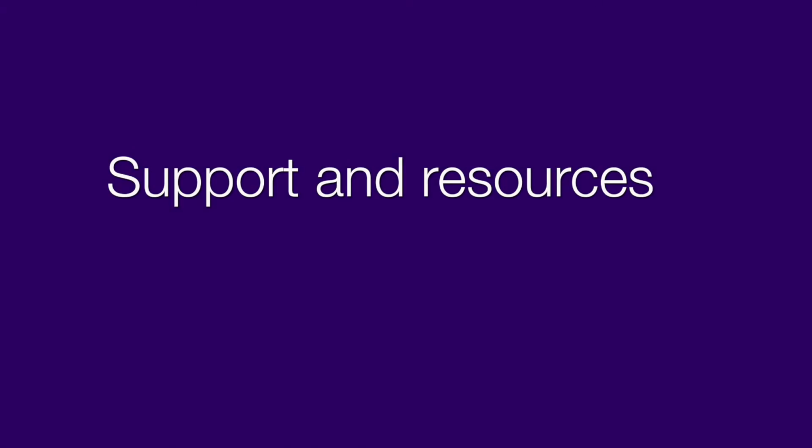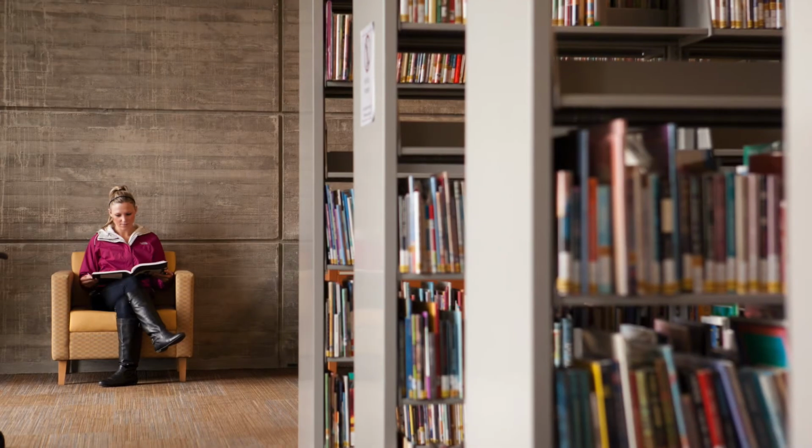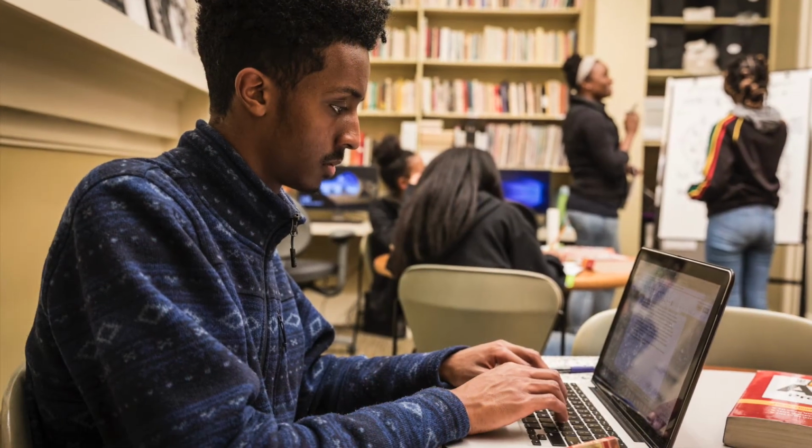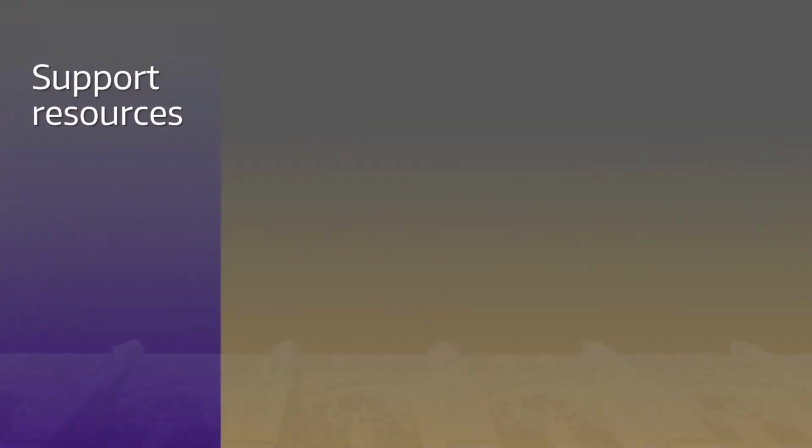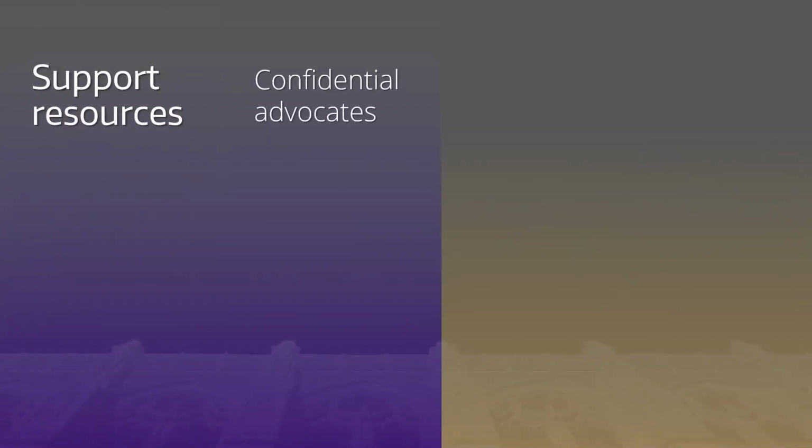There are many resources available to support students and employees who have experienced discrimination or harassment. Here are a few starting points. Confidential advocates offer free services to any member of the university community affected by sex discrimination or sexual harassment. Anything you discuss with an advocate remains confidential unless and until you decide otherwise.